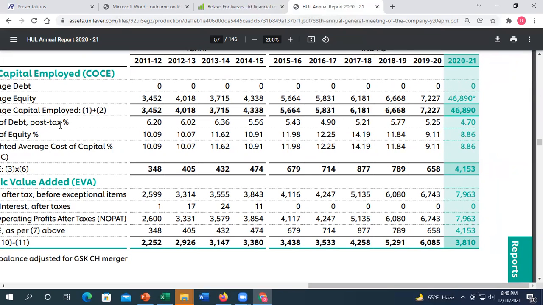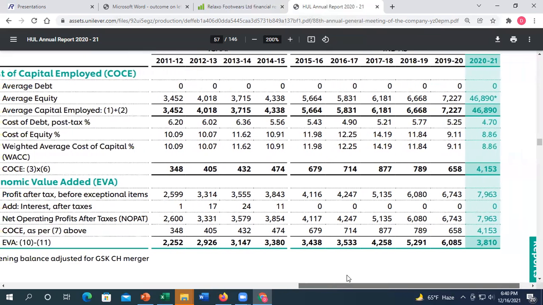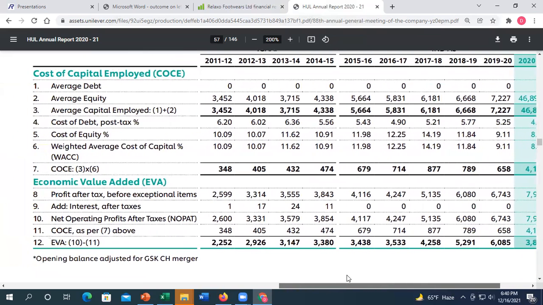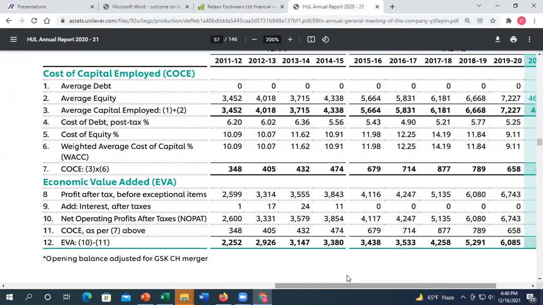If you get into the details given in the balance sheet, the increase in the equity is not because of the issue of shares in public, and not because of retained profit, but because of the acquisition or merger which got completed in the last year with GSK, GlaxoSmithKline.